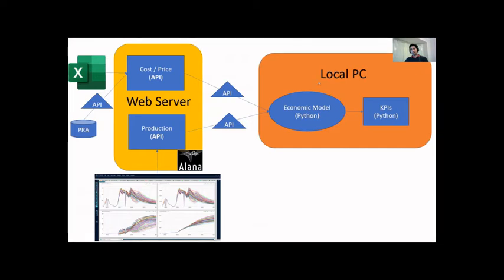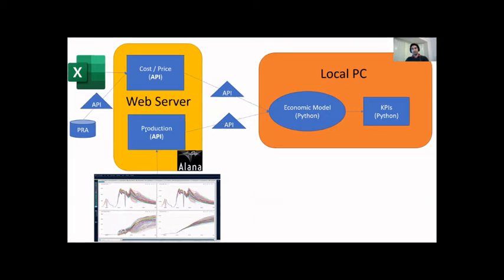And also, in this case, I have my local PC where I'm reading cost information from the web server. I'm reading the production data that I have extracted from the simulation results. And I have an economic model that is in Python, and I have KPIs to visualize the simulation results directly into Python.